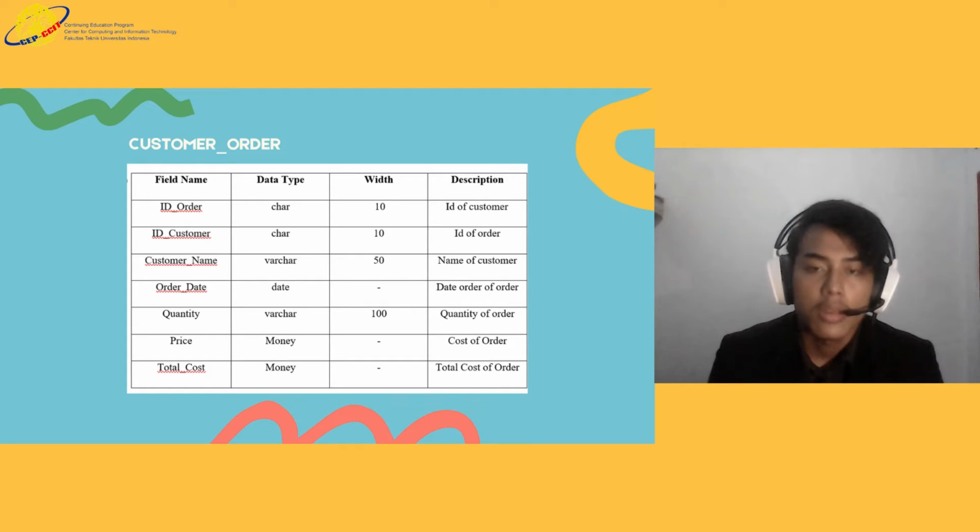It is the quantity of the order, how much the customer orders. It is in varchar with a maximum width of 100, and then we have price, which is the cost of the order, and total cost, which is the total cost of the order. Both are in money type.